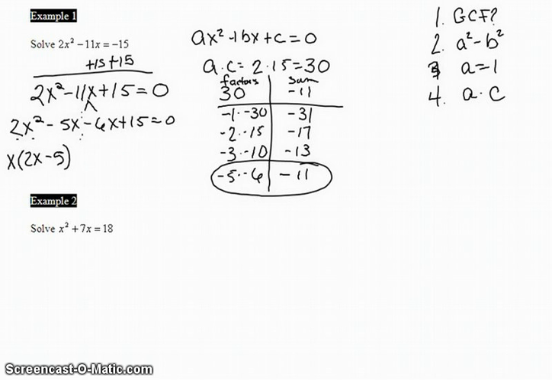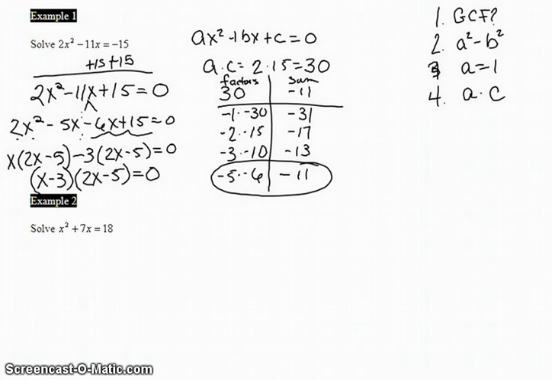And my last two terms are going to have a common factor of 3, but remember my binomials have to match exactly, so I'm going to factor out negative 3, and that leaves me with 2x minus 5. So I'm left with x minus 3 as one of my binomial factors, and the second one is the common binomial factor.